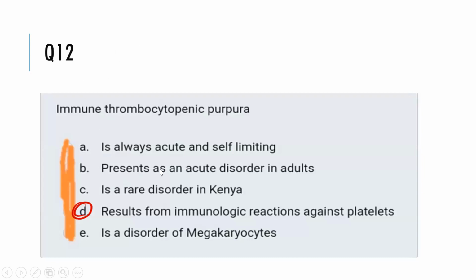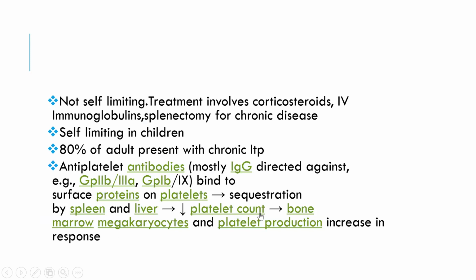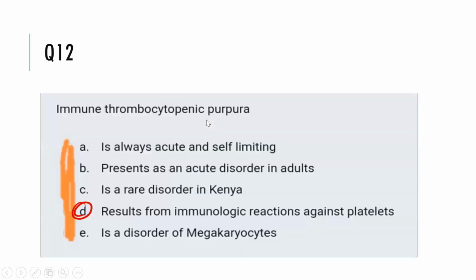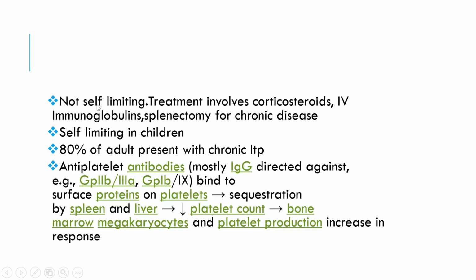ITP. ITP results from immunologic reactions against the platelets. Antibodies are formed against platelets, and it leads to destruction of thrombocytes, which leads to thrombocytopenia. What was important to note from the choices is that it's not self-limiting.